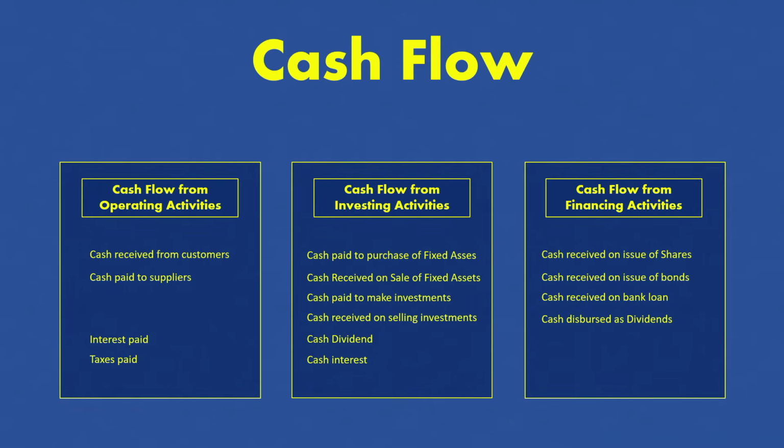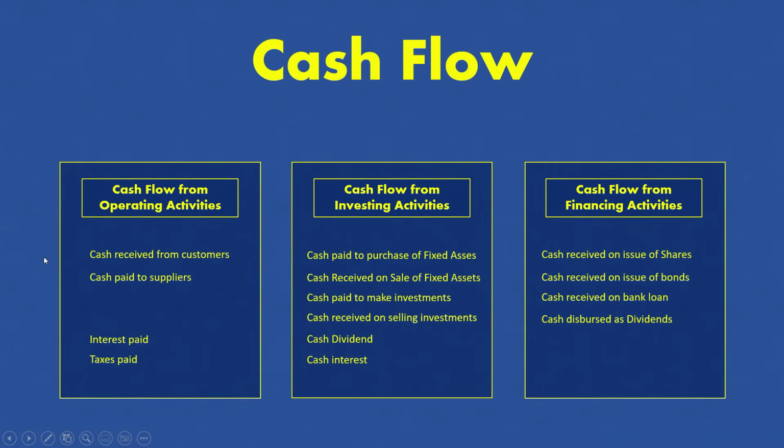Now with that, you can see we are almost ready. We can now extract all of these cash received and cash paid from the P&L and balance sheet. But before we start preparing our cash flow statement in real, we have to learn a little bit of formatting, and that formatting has to do specifically with the operating activities.